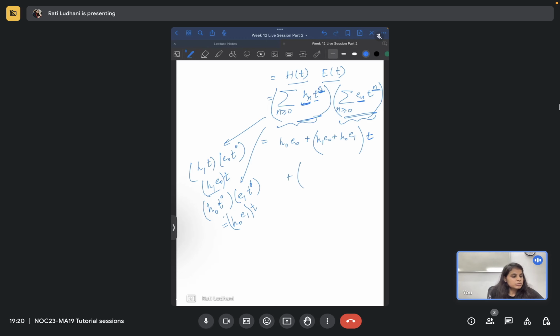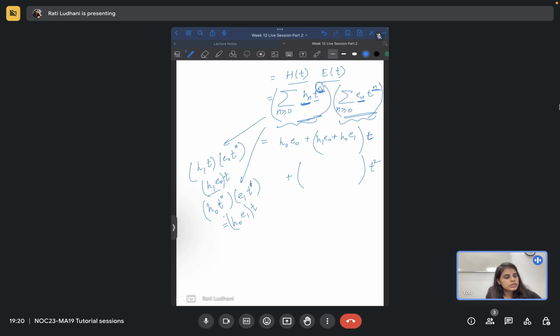Similarly, for t square, from the first summand we can have degree 0 and from the second degree 2; from the first 1 and from the second 1; and from the first 2 and from the second 0.